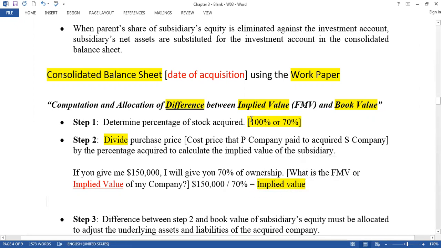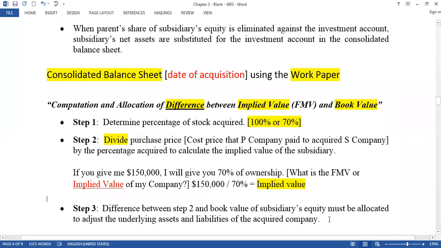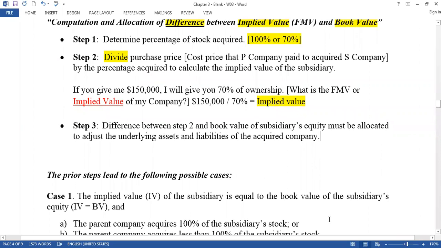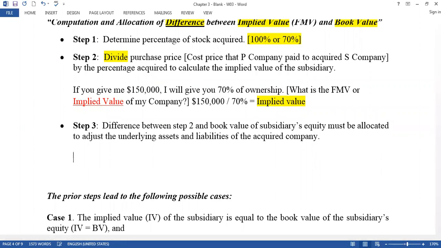And to calculate the implied value, we must know this number. Without how much percentage we acquired, we cannot calculate the implied value. We also need how much we paid, so this is the purchase price. Then in step 3, we are going to compare implied value versus book value.